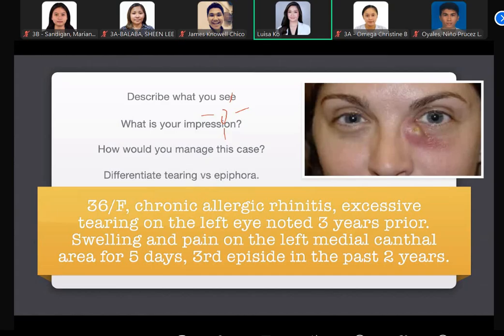The reason why you have to memorize the most commons and the risk factors is because we want to train you to think of what is common, so you have differentials when you see actual patients. If you have differentials, even if there are a lot of them, your diagnostic and therapeutic management becomes a little bit more narrowed. So you don't order unnecessary labs if you have concrete impressions.